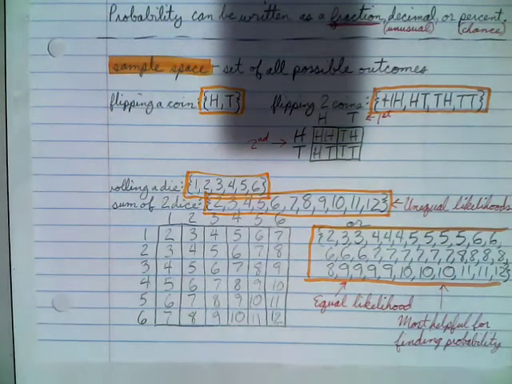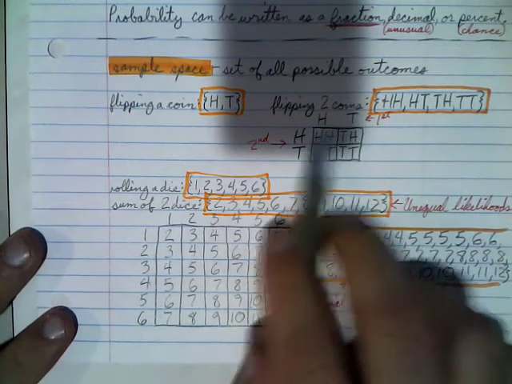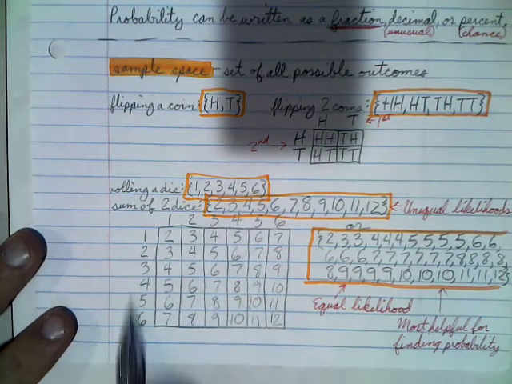And we're going to pretend that this over here is our spinner. So there's the board it's on, there's the circle of the spinner, and our spinner is broken up into thirds, where one section is A, another section is B, and the third section is C. Now before, the charts that we used, like these, they were nice when there were just two different things happening, because then I could put the first thing that happened and the second thing that happened, or one thing and then the other thing.